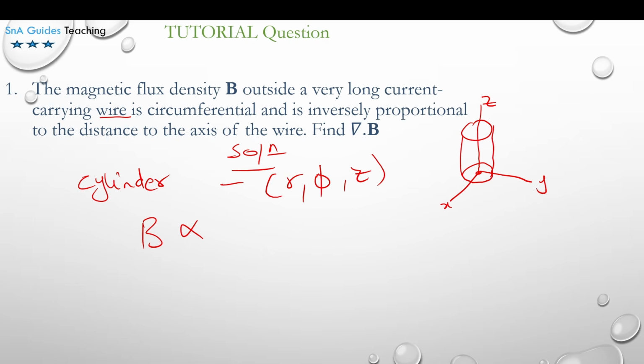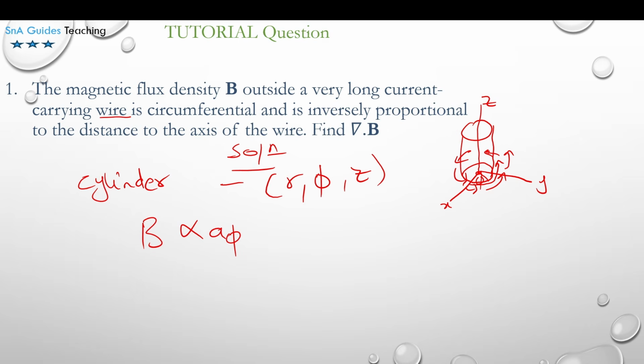A current creates magnetic field lines that wrap around it in circles, right? So the direction is going to be in the a phi direction. This is phi here, which goes in this direction. It wraps around it.